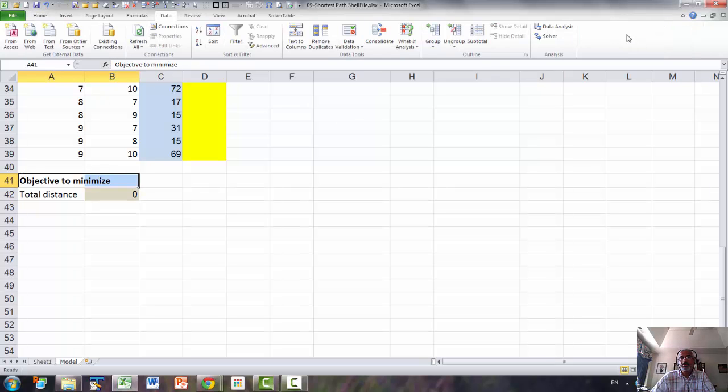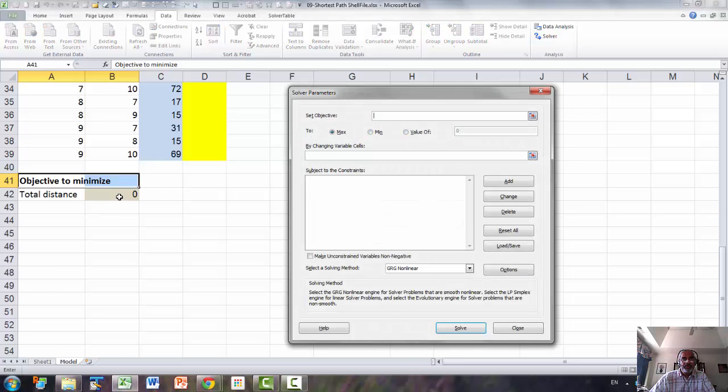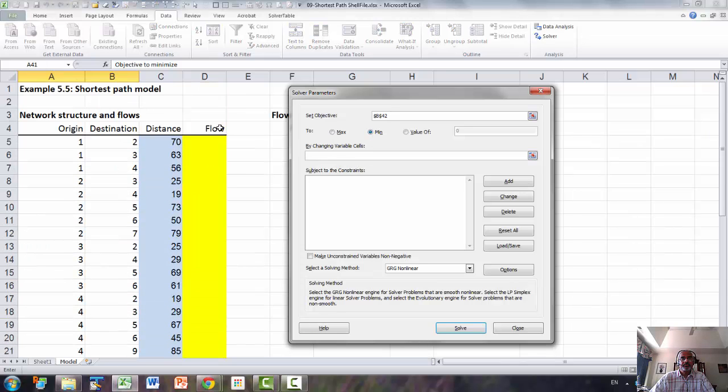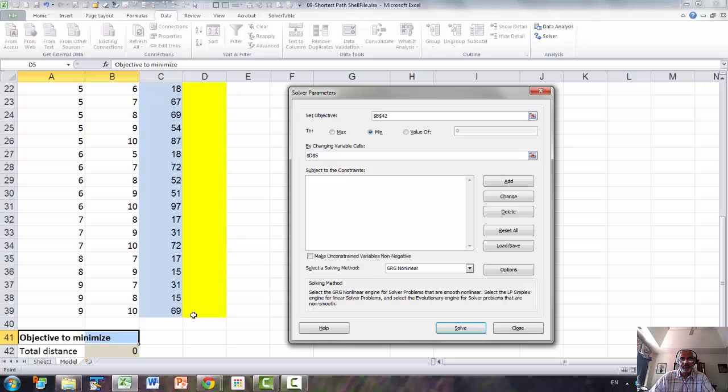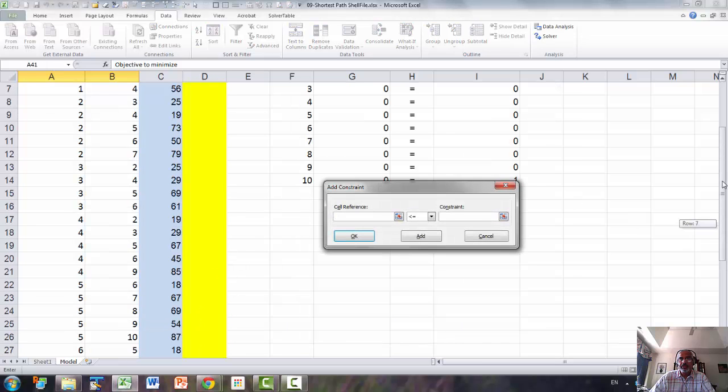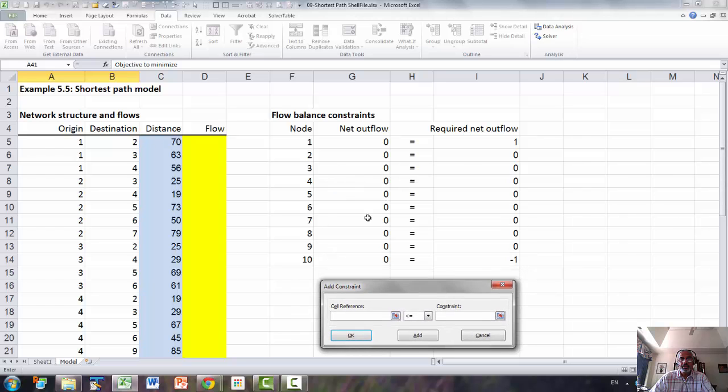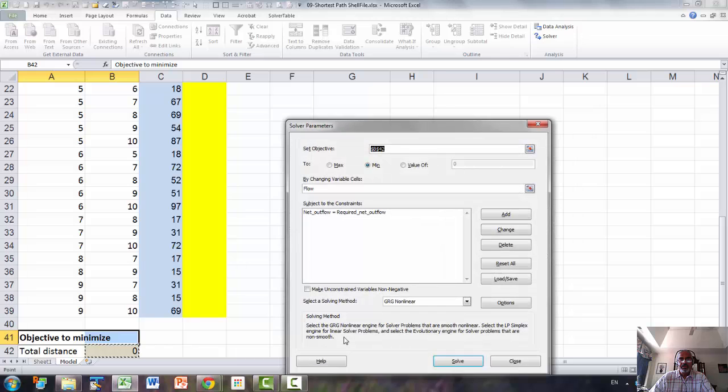So let's run Solver. Minimize, sorry. Total distance must be minimized. That's our changing cell, and the constraints are that this is equal to that. That's it.